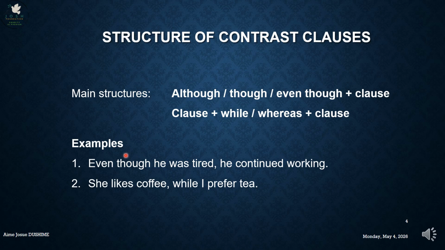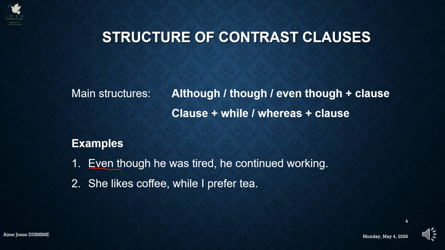Let's see examples. Even though he was tired, comma, he continued working. Even though he was tired, comma, he continued working as another clause. The second, she likes coffee, comma, while I prefer tea. The first one, we started with a linking word, then clauses. The second structure, let me try to highlight what I'm trying to say here.